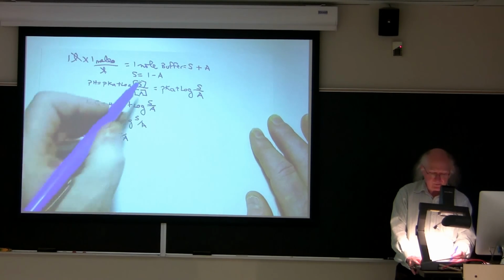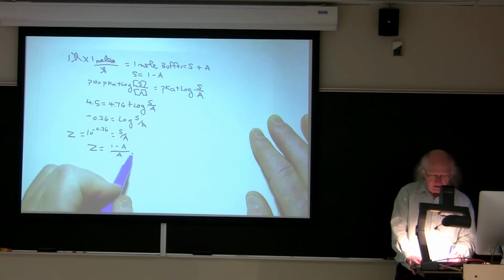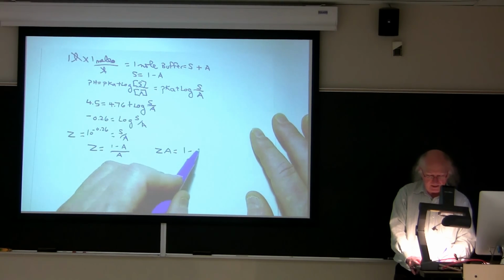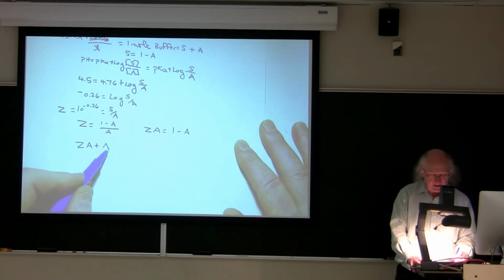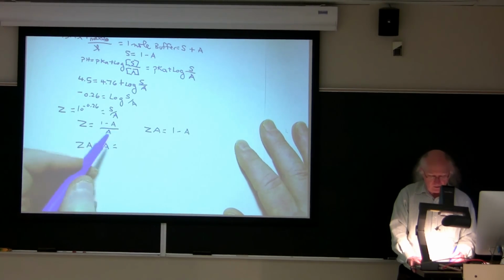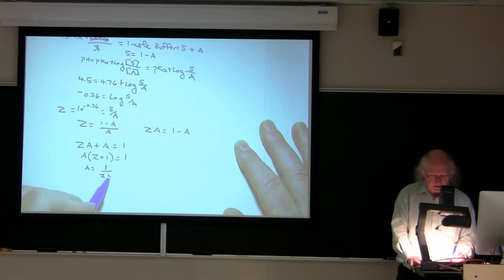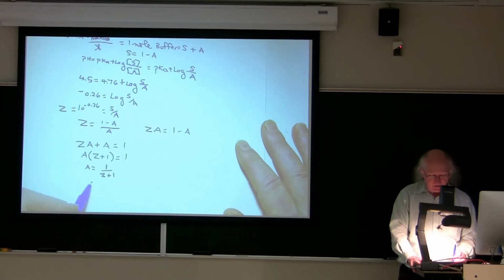So we say that Z equals S over A, and we said S was 1 minus A. So now we say ZA equals 1 minus A. ZA plus A equals 1. And A times Z plus 1 equals 1. A is equal to 1 over Z plus 1.